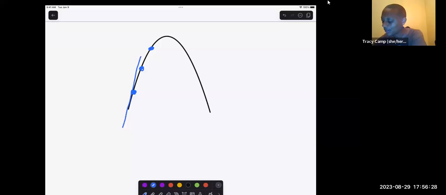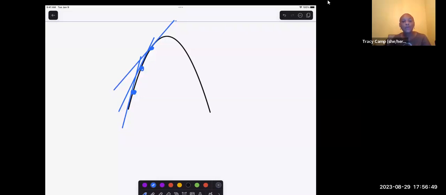So here's a tangent line. Here's another, sort of. Okay, that's not the greatest tangent line. I'll try again. Here's another tangent line, and then I'm just going to draw another tangent line to this curve.